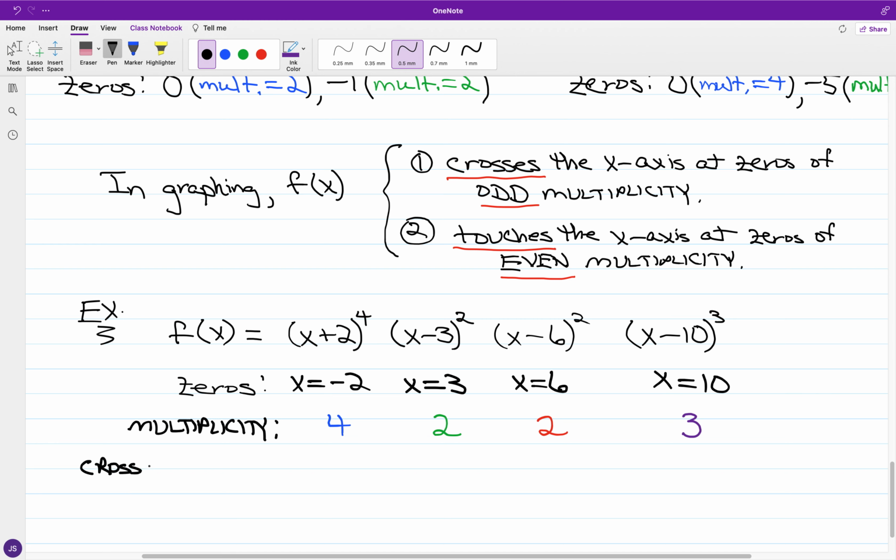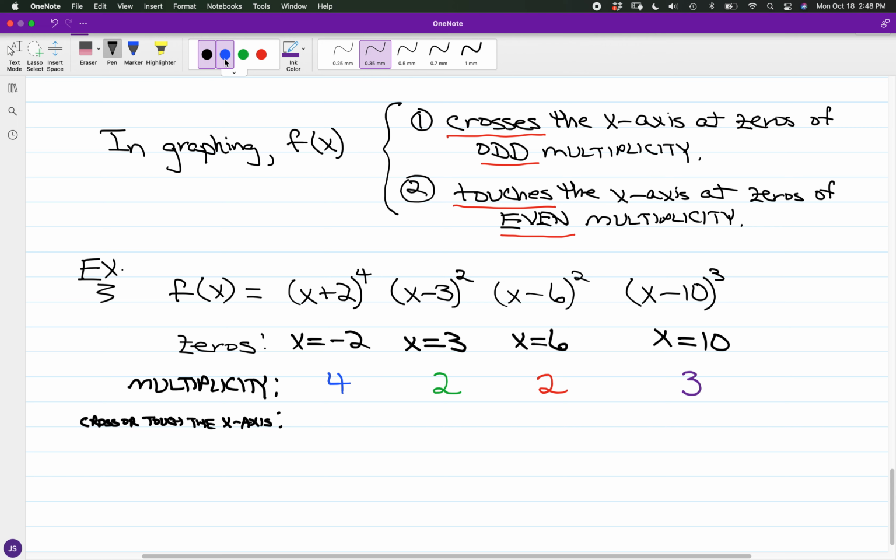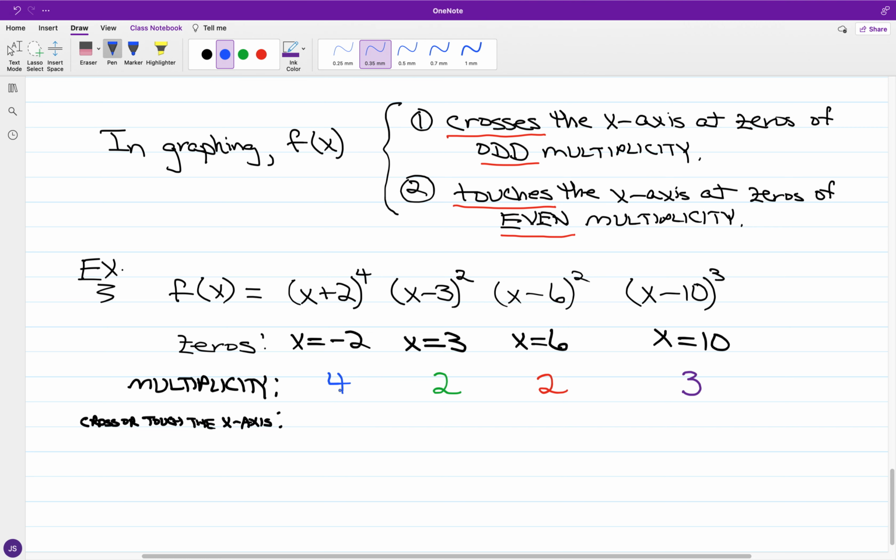And at those zeros, in terms of whether it's going to cross or touch the x-axis, I'm going to use T for touch, C for cross. So the multiplicity value is 4, and 4 is an even value, so it's going to touch the x-axis.